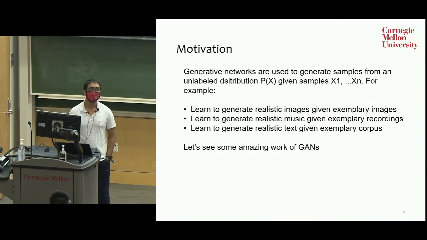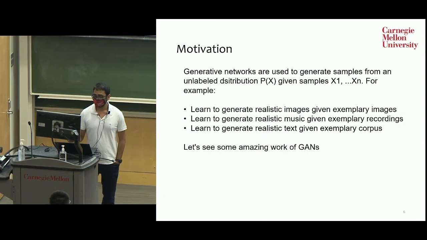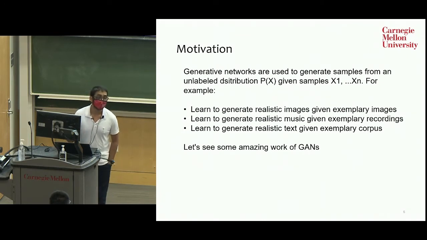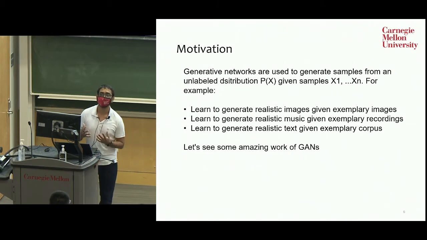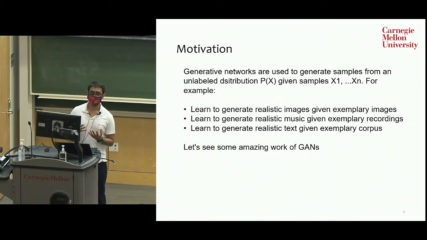So why do we really need generative models? Well, maybe you want to generate new images, new recordings, or some text given an input. These are the things you can really do with generative models.